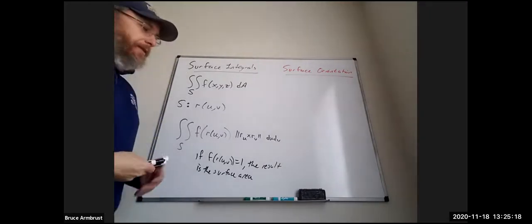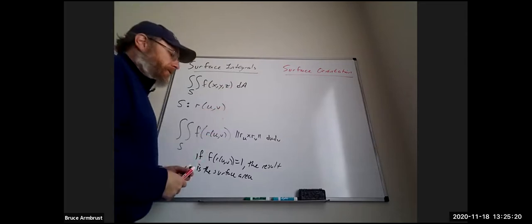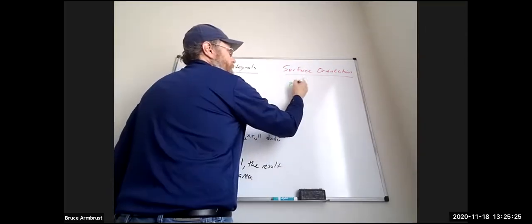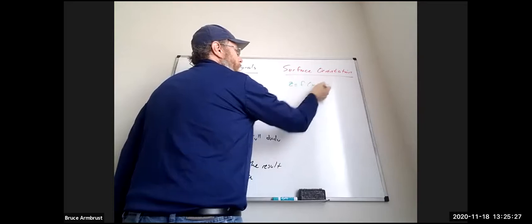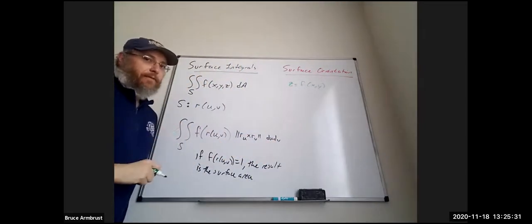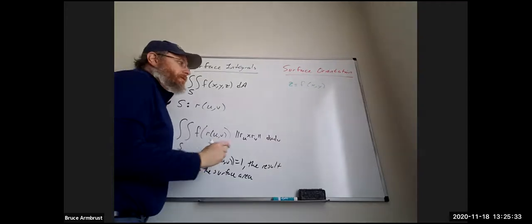Now, the other thing that we do that's pretty standard with surface orientation is if our surface is z equals a function, right? Because we have lots of those, surfaces that are functions.